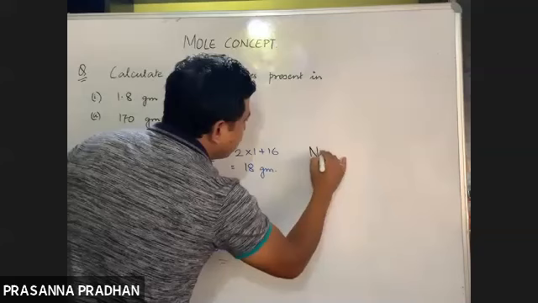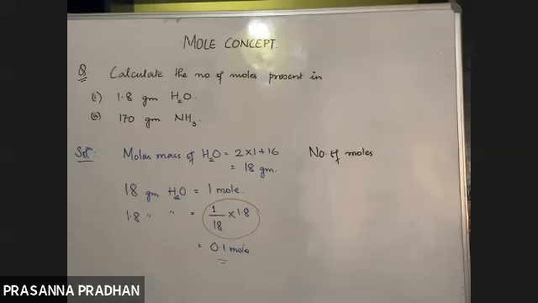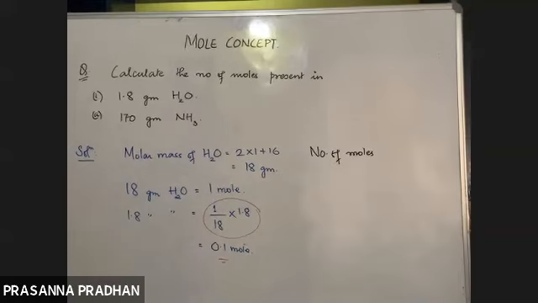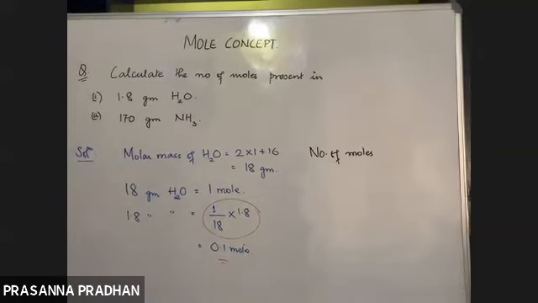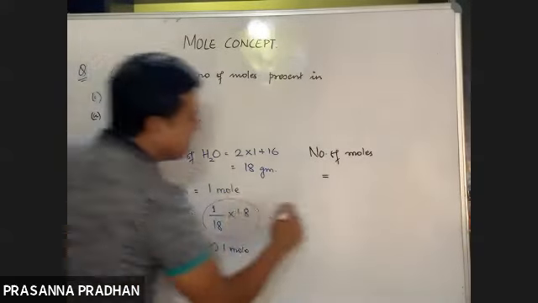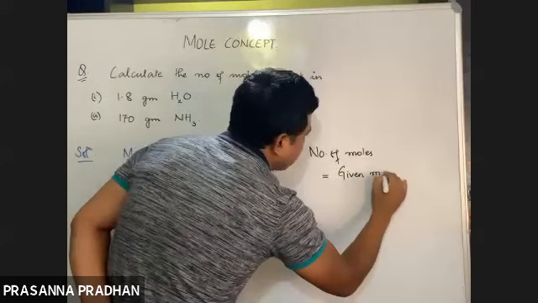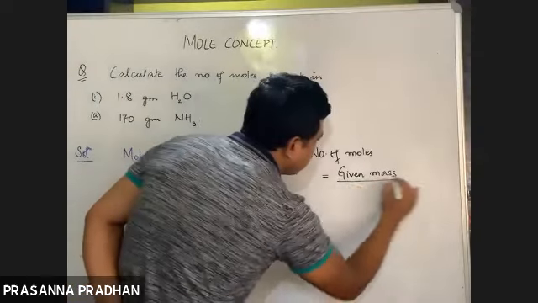What is the formula for calculating the number of moles? Number of moles is equal to the given mass, because 1.8 was the given mass, divided by the molecular mass, because 18 is the molecular mass of water.